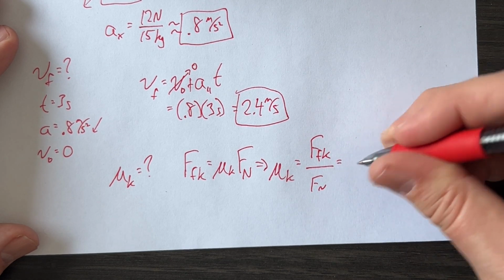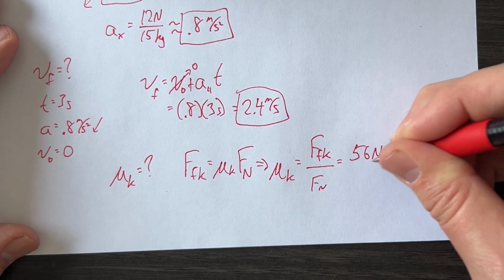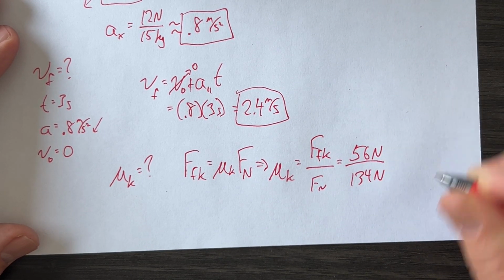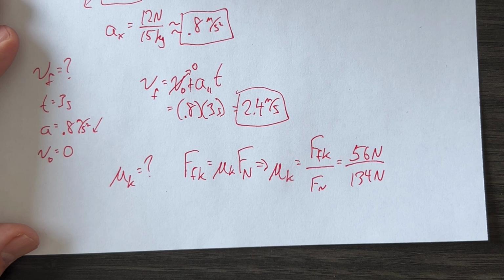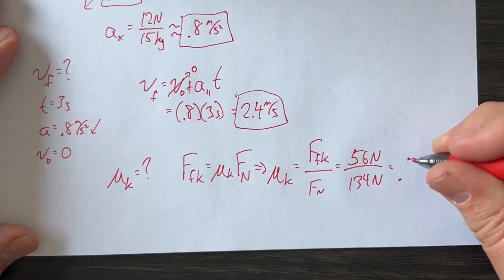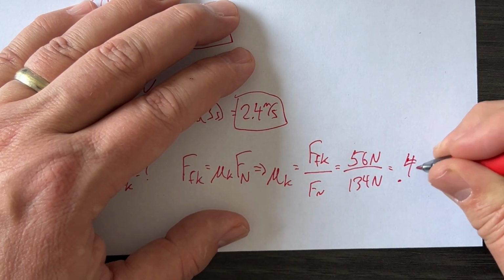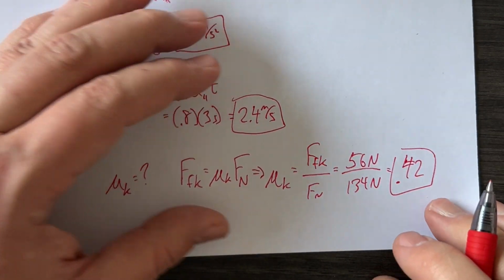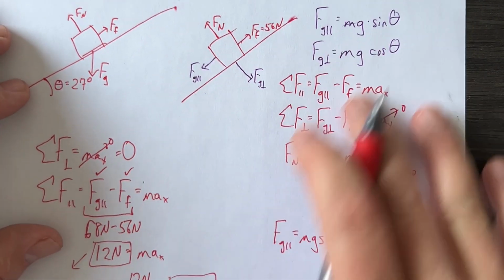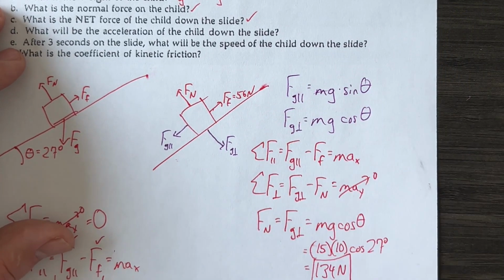We have already been given that the friction is 56 newtons. The normal force we calculated not too long ago was 134 newtons. And so our coefficient ends up being about 0.42.